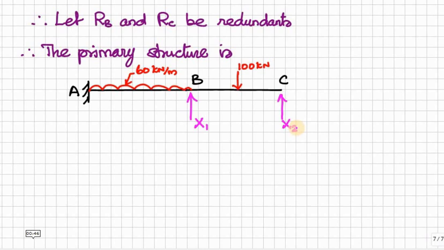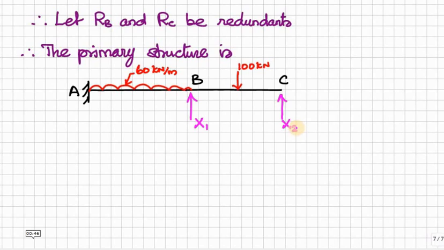Simply giving unknown names, for example say X1 and X2. Even you can write RB and RC, no problem. So this is the primary structure or determinate structure on which we will apply the flexibility matrix method.